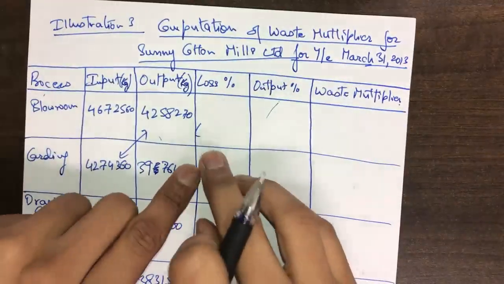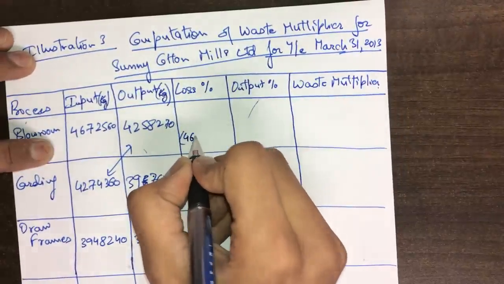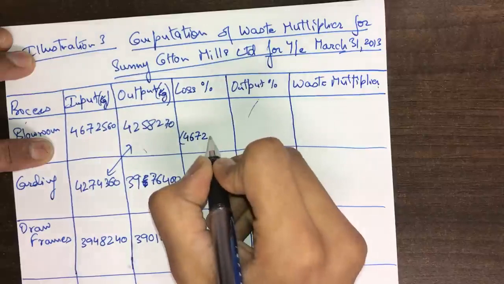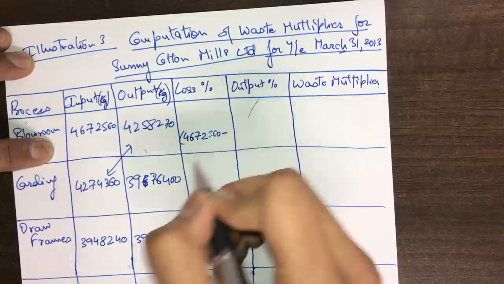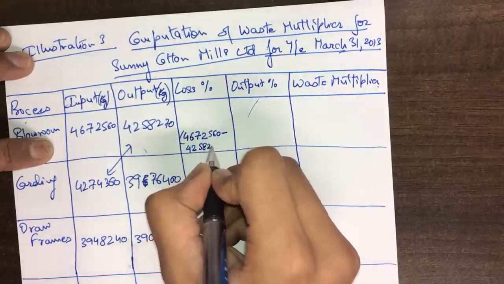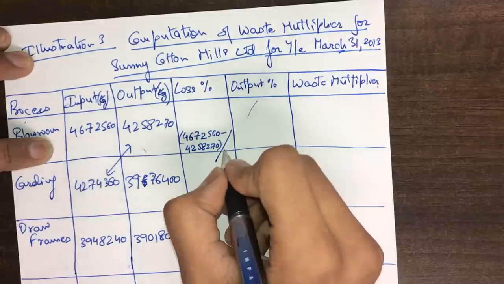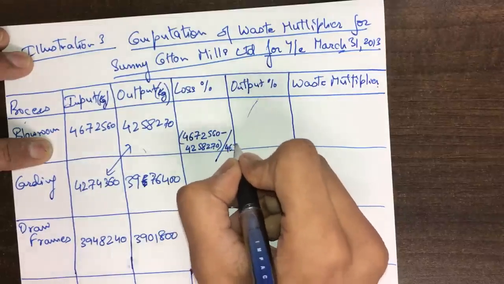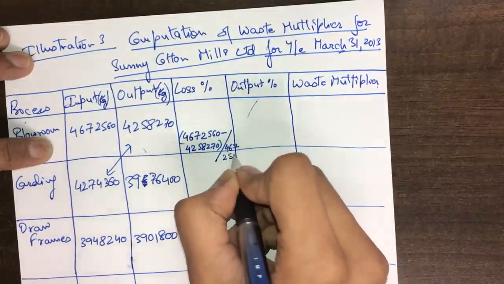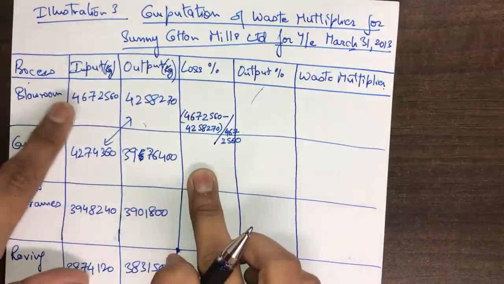Simple. Can you compute loss percentage for me? Yes, sir. Very simple. Loss percentage is computed by subtracting outputs from the inputs and dividing by the input. 46,72,560. I hope you got this calculation.